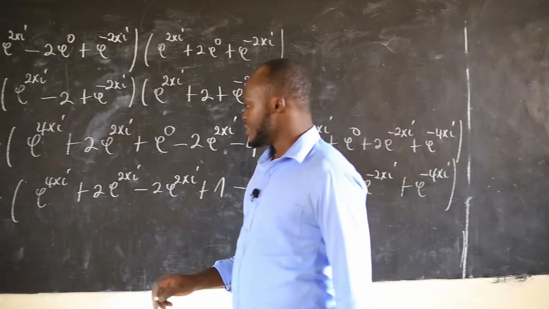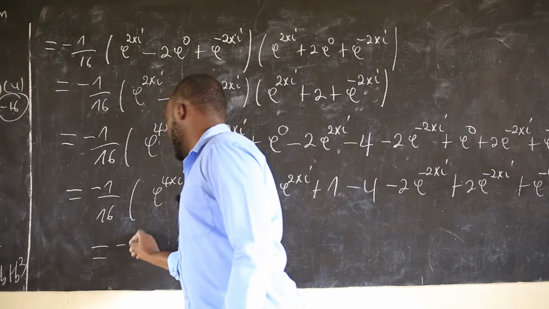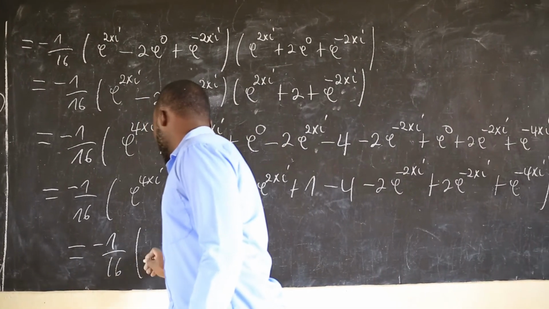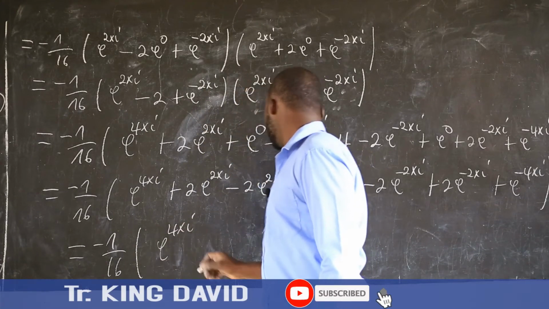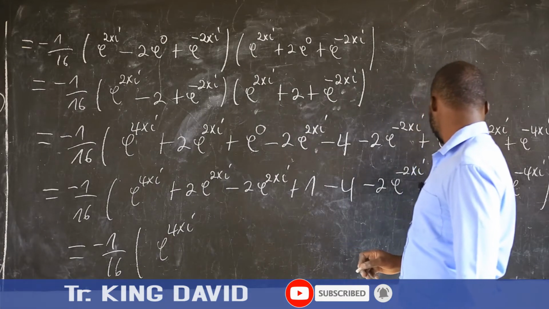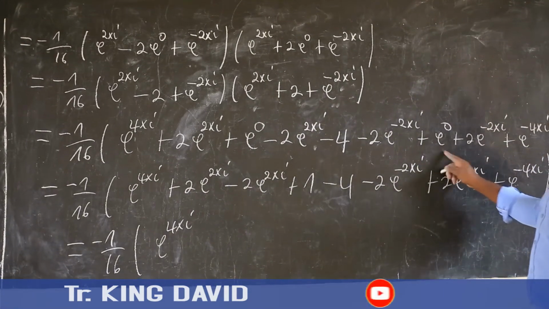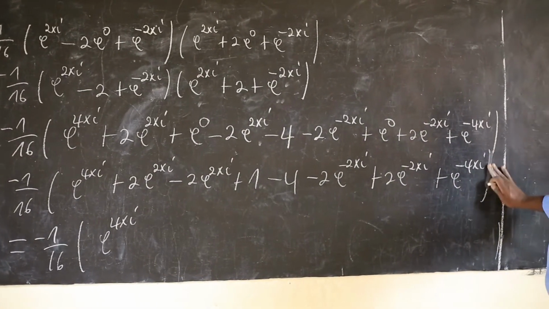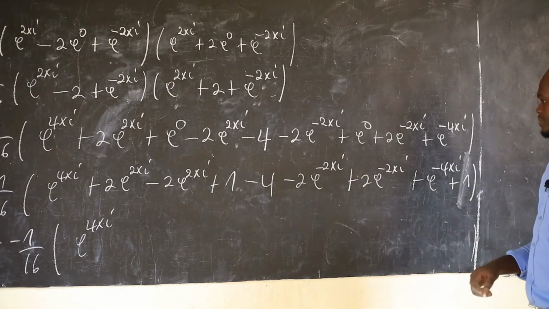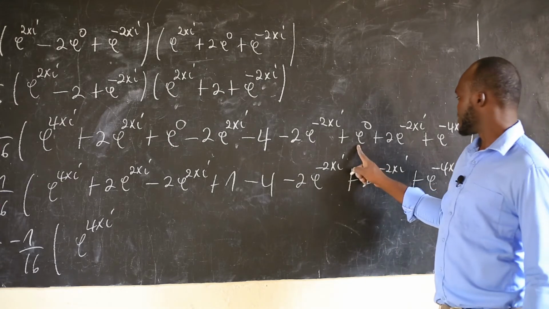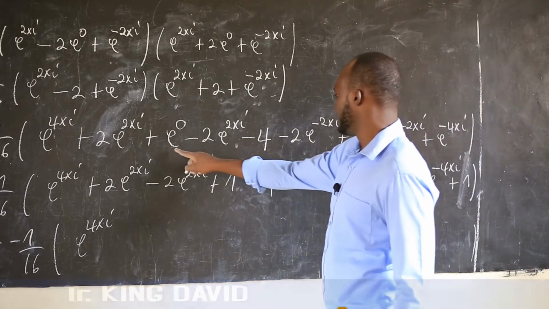So now the answer is minus 1 over 16 into bracket e power 4xi. So we have also this e power 0, which is 1. There is this e power 0 and this one.